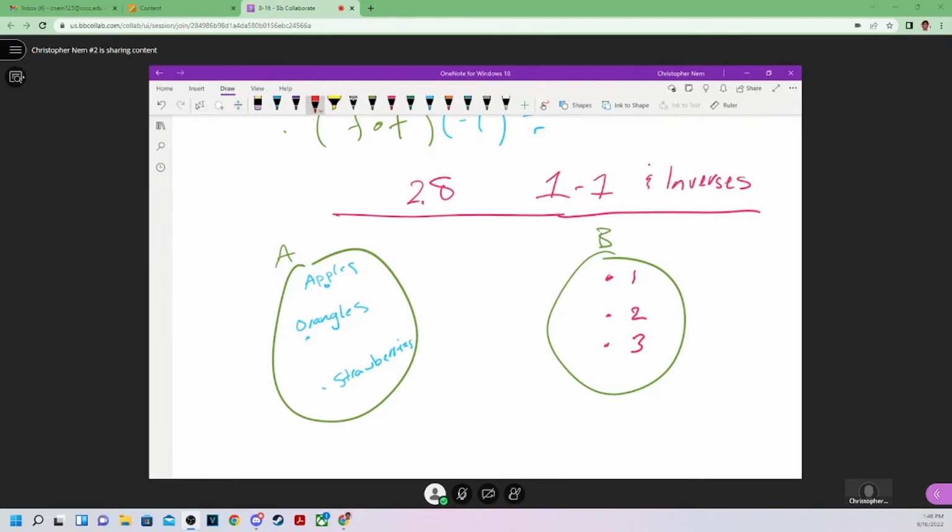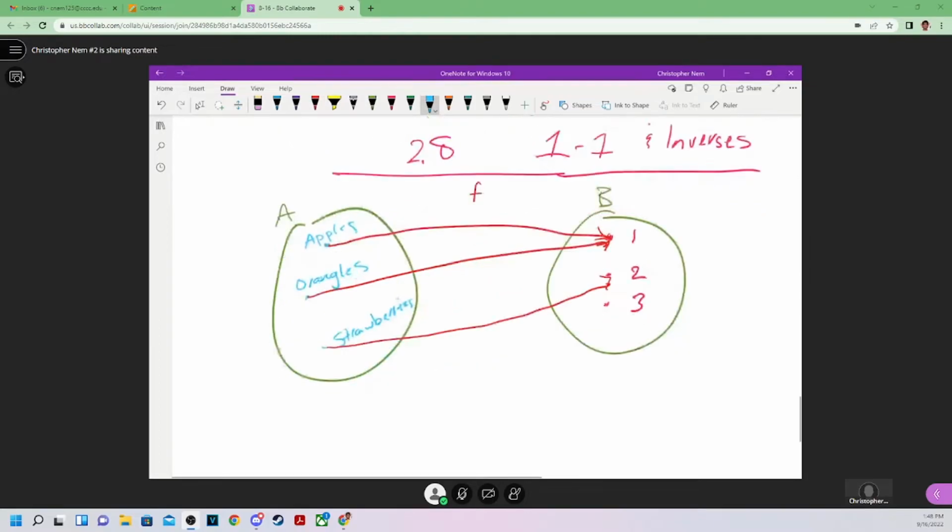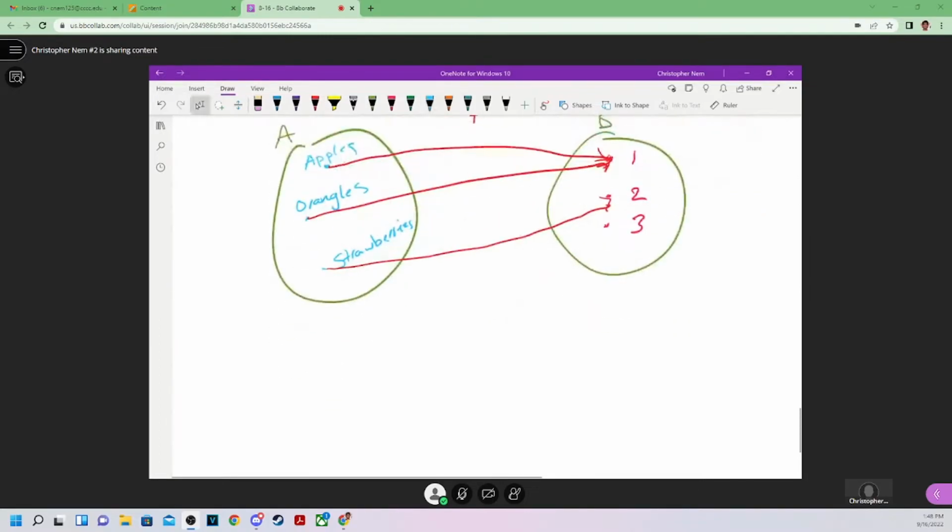My function f, we say it's one-to-one if, let's say, apples goes to 1. If I throw apples inside my function, it spits out a 1. If I throw oranges inside my function, it spits out a 1. If I throw in strawberry, it might spit out a 2. The idea a function is one-to-one is if I have 2 inputs that spit out the exact same output.